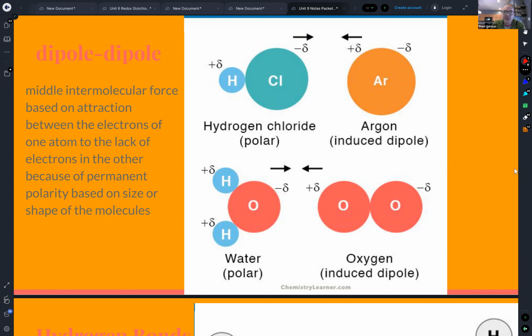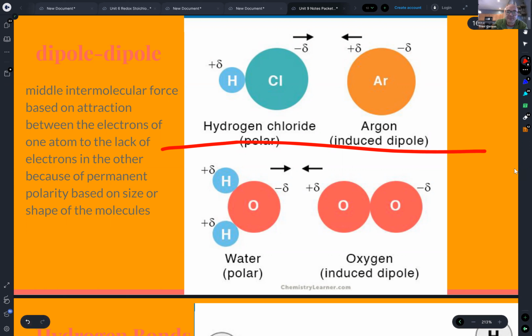So noticing down here on the second half, we have this molecule, because of its unequal sharing of electrons, there are more electrons on the oxygen than there are on the hydrogens. The hydrogens do not carry electrons because they're so small, so it spends more time on this oxygen, meaning that there is a higher negative charge than there is on the other side.